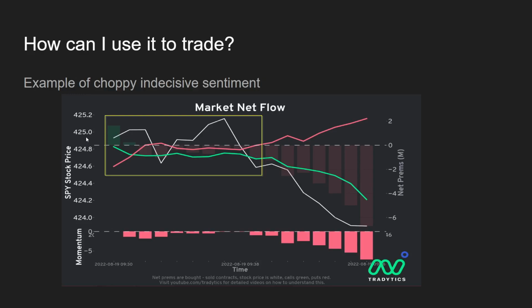As you guys can see here, this is the price of SPY. It was going between $25 and 24.60. It just kept doing the same thing over and over until finally we saw the puts breaking above and the calls dropping down, and you guys can see the puts are showing a lot stronger than the calls, and the price of SPY is dropping. So that's how it translates, right?